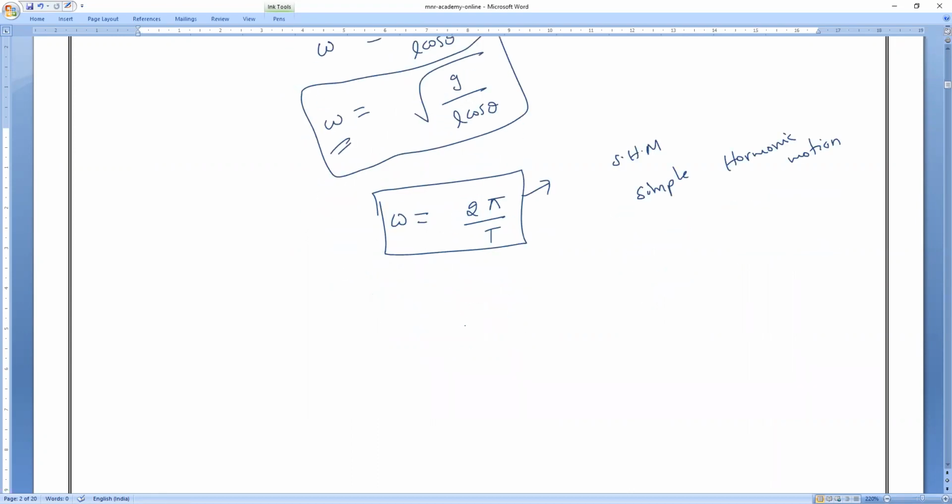Before class I told you, correct? Check your classwork. I have taught you the formula for time period and omega, angular velocity, and the formula for time period and frequency.